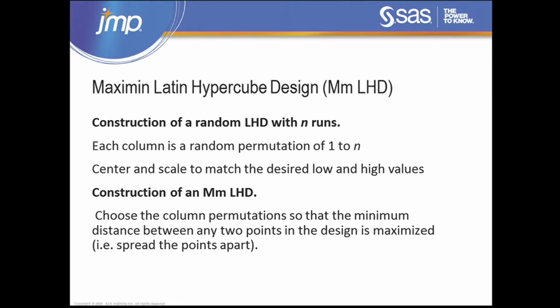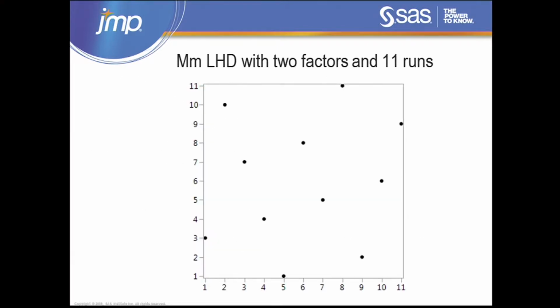If you want to make a Maximin Latin hypercube design, then you have to choose the ordering so that the distances between the points, the minimum distance from any point to any other point, is maximized. So here's an example of a 2-factor Maximin Latin hypercube design that has 11 runs. And you can see there's a kind of pattern that goes.